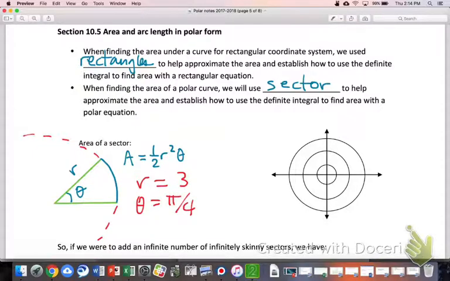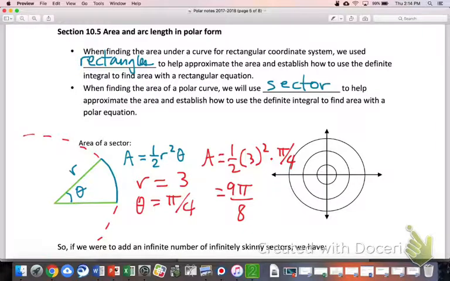Then we'd say area is equal to 1/2 times 3 squared times pi over 4. That would be 9 pi over 8. So just the sector there would be 9 pi over 8. This allows you to find areas of various fractions of the circle, if that makes sense.